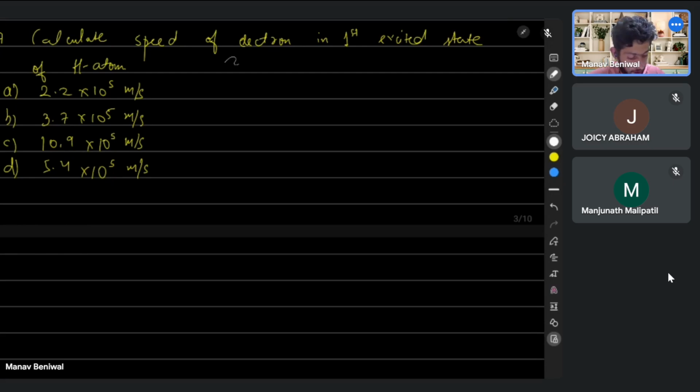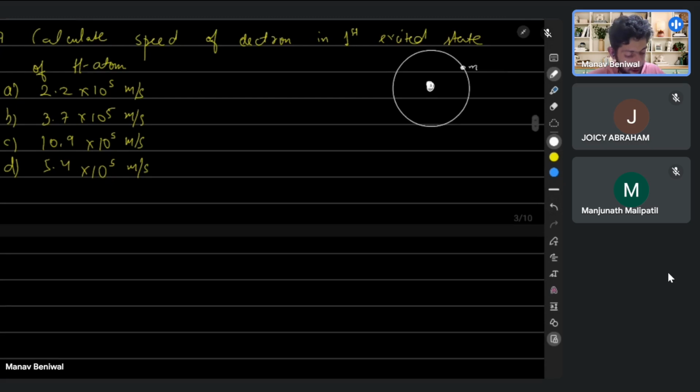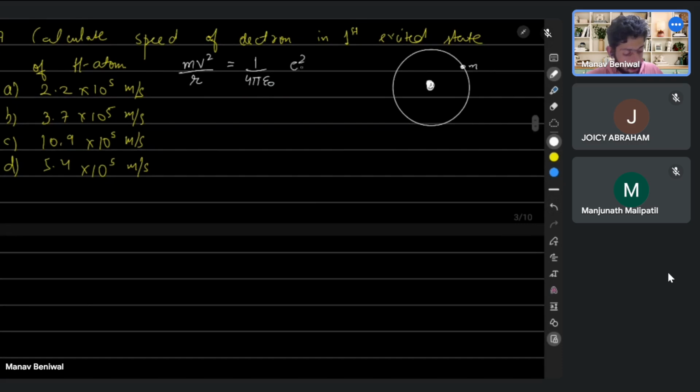Let us draw the hydrogen atom first. So this is your nucleus, and this is your electron, which has mass m, and it is in, let's say, first excited state. We know that the centripetal force mv squared by r is given by the electrostatic force, 1 over 4 pi epsilon naught times e squared over r squared.